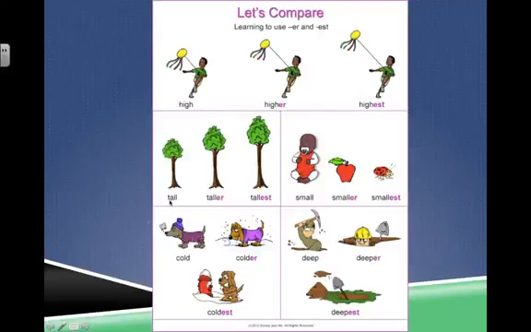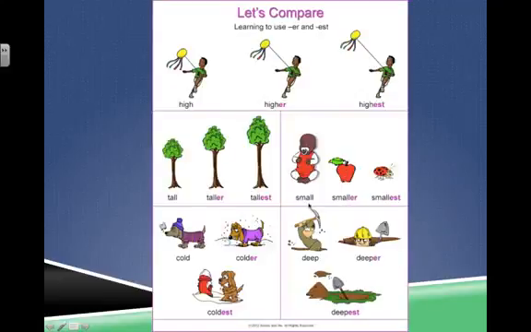Look here. Tall, taller, tallest. The base word is tall. We're adding an ER here and an EST. We're comparing. Small, smaller, smallest. Small is our base word. We've added an ER here to show that the apple is smaller than the baby.